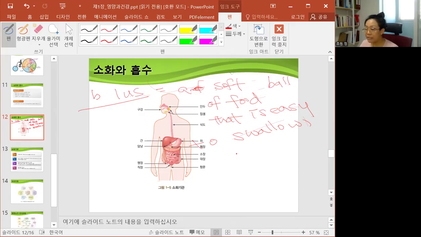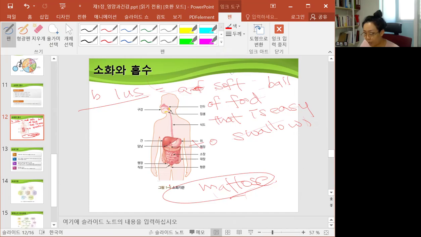Amylase starts breaking down starch molecules into smaller sugar molecules such as maltose. This means that chemical digestion actually begins in the mouth, not in the stomach.